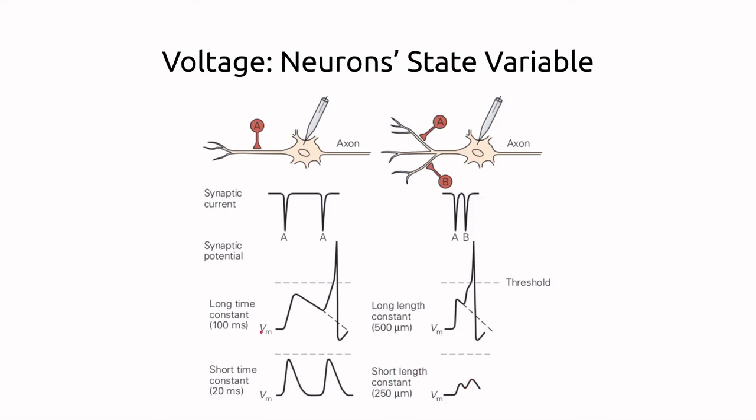We also want the state to be changeable. That is to say that the voltage is affected by input currents. And we can see that when we have input injections of currents going into the neuron from these cells, the membrane potential changes in response. So here we have one spike come in, and then the voltage increases.